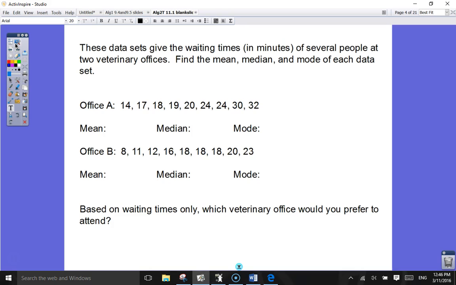I'm going to do it with a handheld calculator that you can't see, so you could do it the same if you want. 14 plus 17 plus 18 plus 19 plus 20 plus 24 plus 24 plus 30 plus 32. And how many data values are there? Looks like there's 9, right? I'm getting 22.